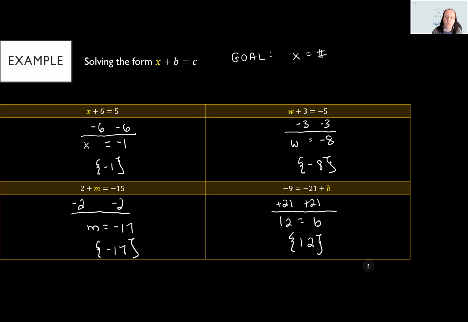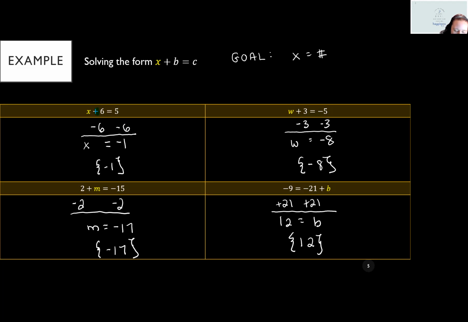So for the first three problems, we had a positive that was added on to our variable, so we subtracted to get rid of it. For the fourth one, we had a negative that was added to our variable. And so when you're subtracting a negative, you ended up adding. The pattern that I want you to notice here is that whatever your number is that you're trying to get rid of, whatever that sign is, you do the opposite.